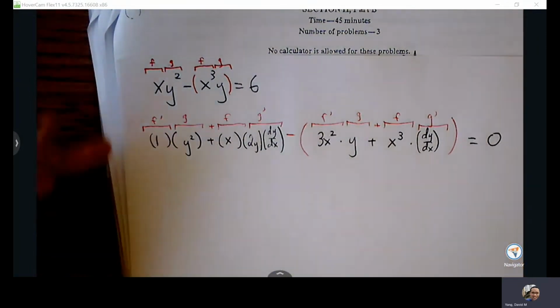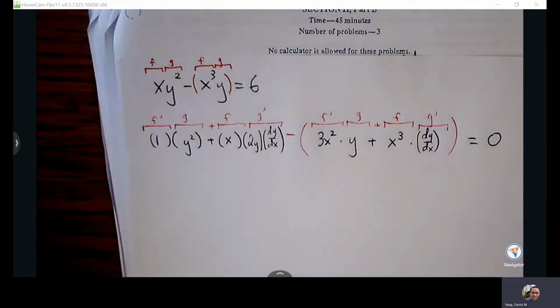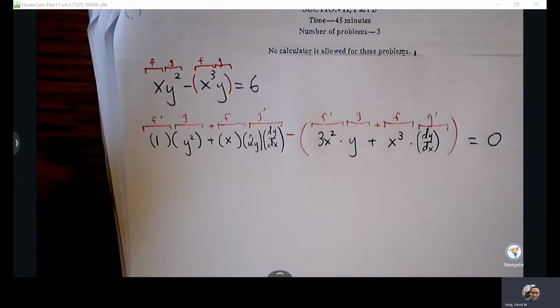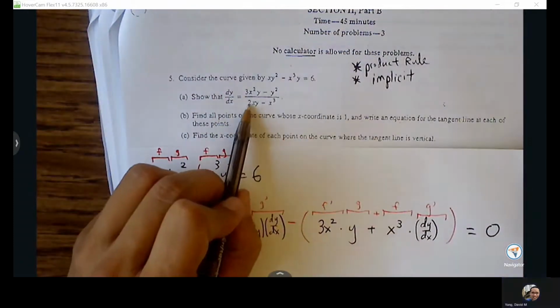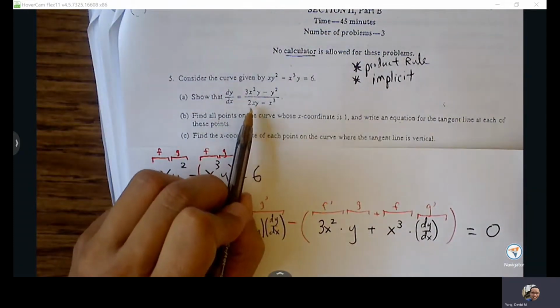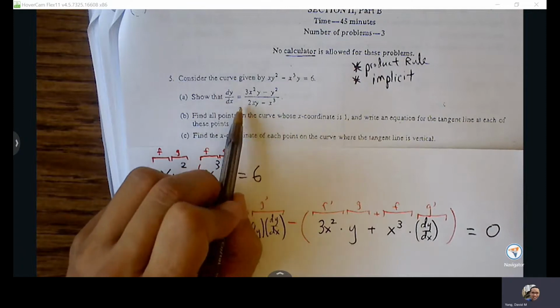Okay, so now the calculus portion is done. Now we're just trying to clean this up, rearrange it, and try to get dy dx by itself. And they're telling us what it's supposed to look like. They're telling us that it should look like this. Can we rearrange everything so that it becomes this form?